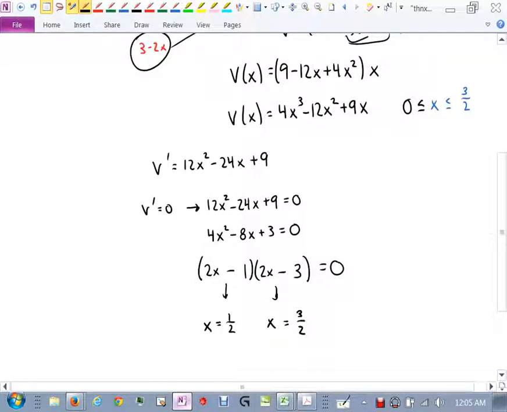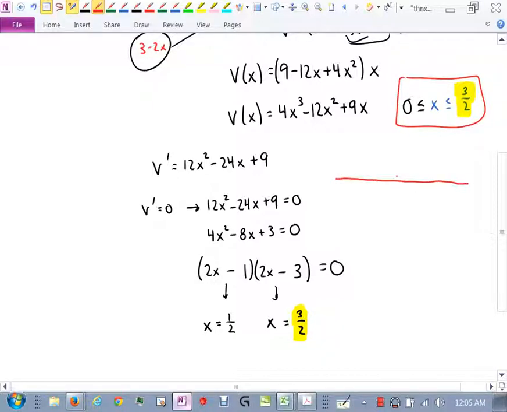And so now what I'm going to do is just notice that x is 3/2 actually is one of my endpoints, and x is 1/2 is in there somewhere. So there's two ways to approach this. I can look at this as if it's on a closed interval, or I can do the open interval method where I just do a number line.